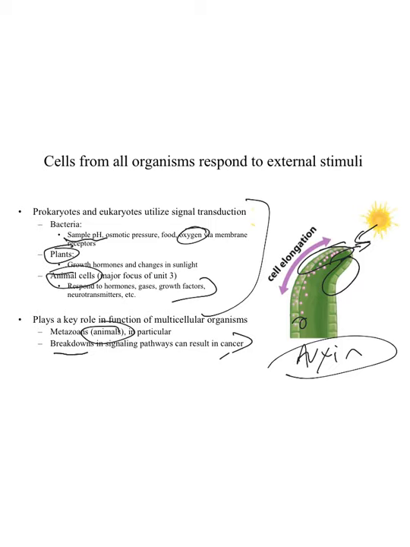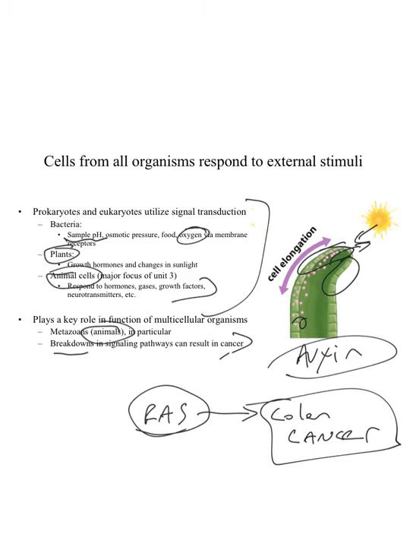We're going to cover a little bit later a protein called RAS, and RAS is a very important protein when it's mutated in colon cancer. We're going to see what changes to RAS lead to some types of colon cancer. That is by far one of the more intriguing aspects, at least to me, of signal transduction biology: it gives us some insight into clinical issues like cancer. More about this later, but that's a little preview and a little tease.